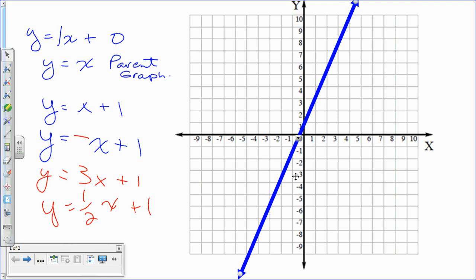Eventually, if it gets to 0, there's no slope. It's a flat line. Does that make sense? You guys with me? So if it's a flat line, it's going to be y equals wherever it crosses the y-axis. You guys with me? Yeah.